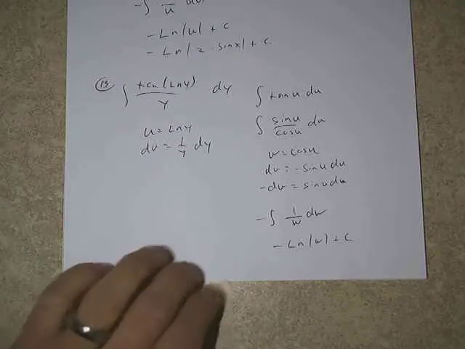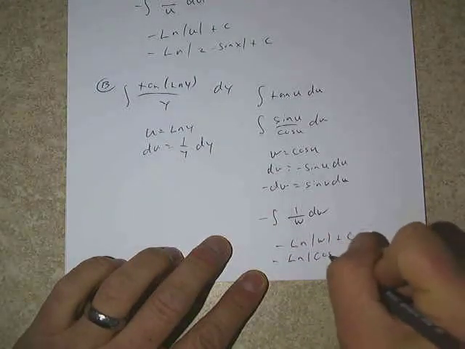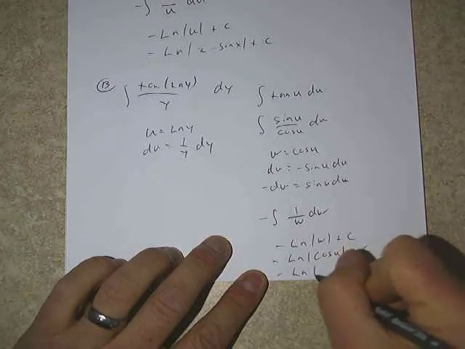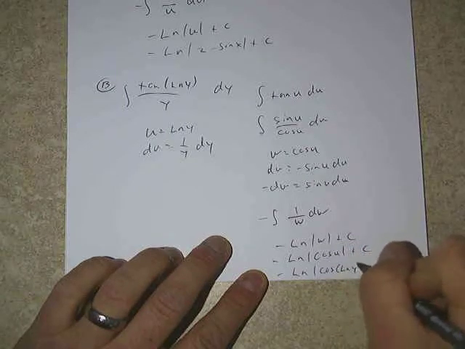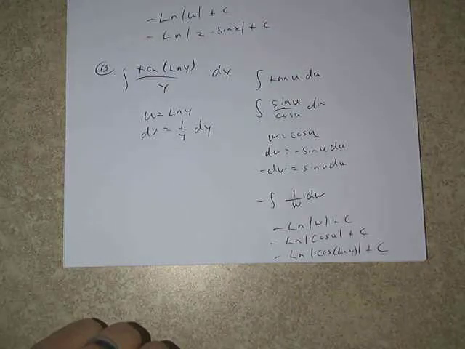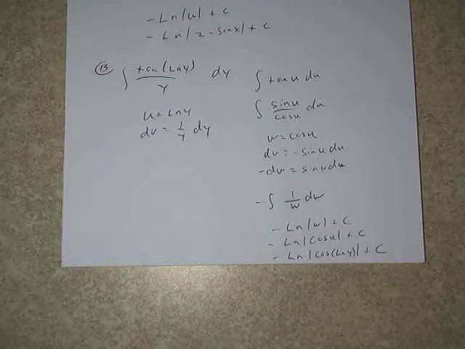W, that is cosine u. And so ultimately we get negative natural log of absolute value of w plus c. And from there, substitute back twice and we'll have what we need. So negative natural log of absolute value of cosine u plus c. And then finally negative natural log of cosine of ln y plus c. And that would do it.